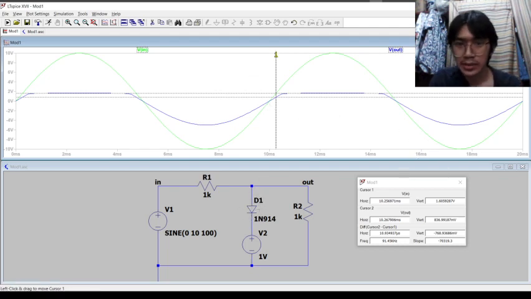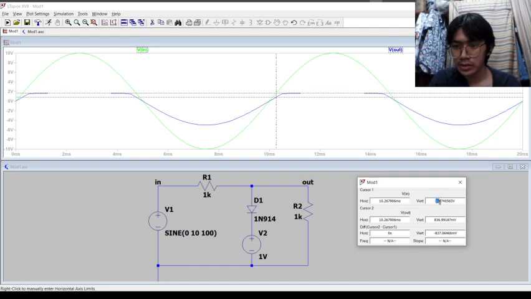Let's align them together. Our input is 1.67, and in the graph, following the voltage divider principle, the voltage out is just half of it. Half of it is 836 or 837 millivolts.